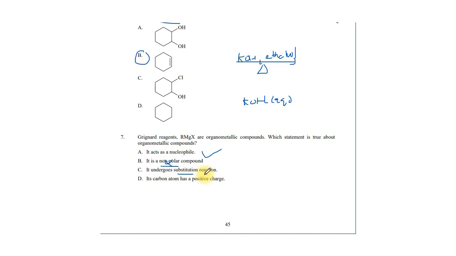Actually, when it reacts with a carbonyl compound, it undergoes nucleophilic addition reaction. Does its carbon atom have a positive charge? No, because magnesium is more positive than carbon, so the carbon is partially negative. That's why the answer is A.